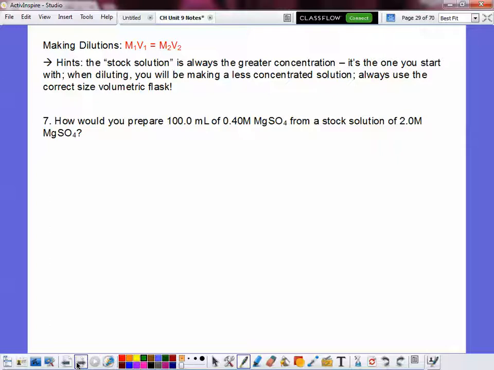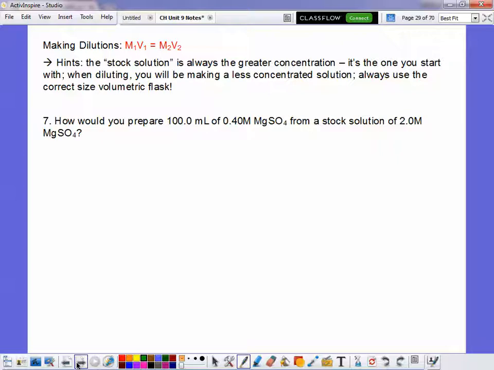Set that to be your high concentration, and M2 is the concentration you're diluting to. You're almost always going to be solving for V1, because you're almost always going to need to calculate how much of that higher concentration you need in order to dilute it down to the lower concentration you need.